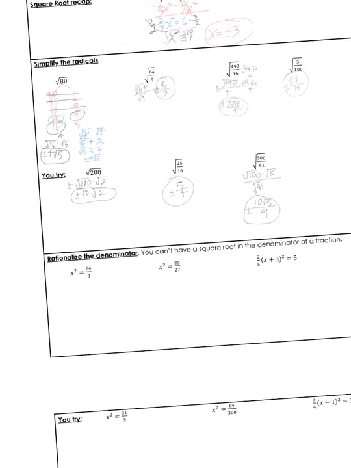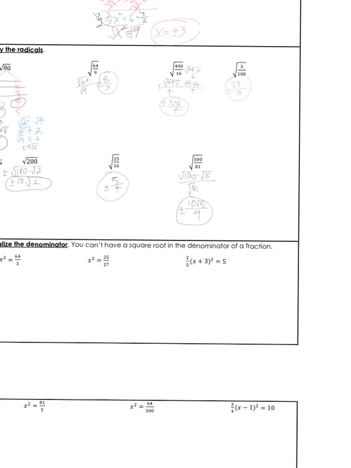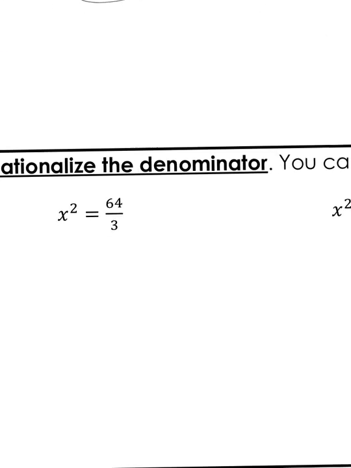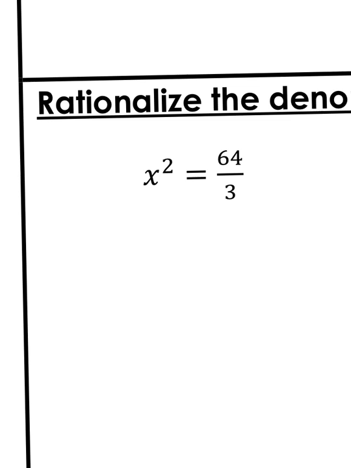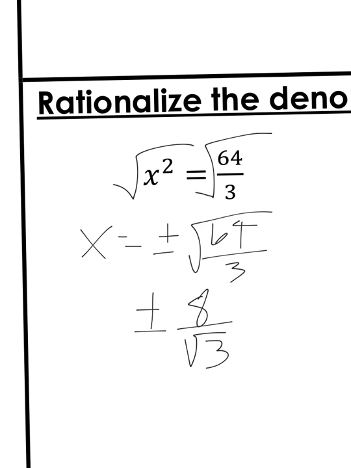Alright, so let's talk about rationalizing the denominator. I wrote right here, you can't have a square root in the denominator of a fraction. So let me show you what I mean. If x squared equals 64 over 3, then x is going to equal plus or minus the square root of 64 over 3. And that can be simplified. That can be square root of 8 over square root of 3.